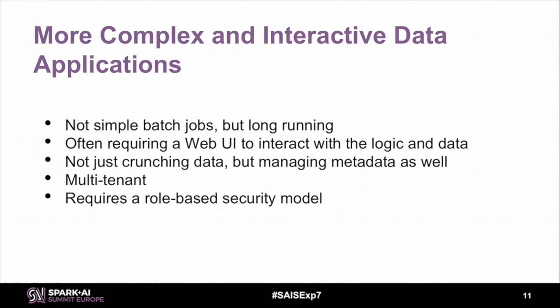As I was saying, this is not a simple batch job, but something more interactive. We need a web UI that allows the user to interact with the data that lives directly on the cluster. This is exactly the UI that Chandra was showing before, hosted in a YARN container on top of a Spark context that the user can actually interact with.